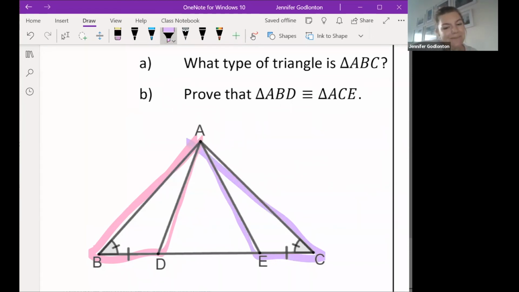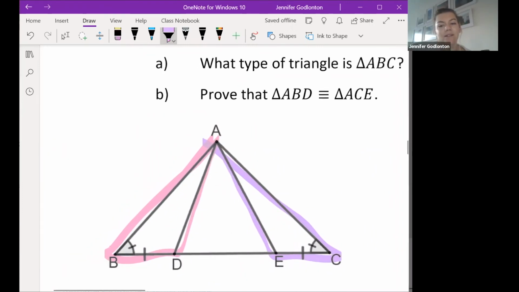Let's see if you can. I want you to think about the information you've just told me, and I want you to tell me what my congruency proof would be for these 2 triangles. Londiso, absolutely. Just be careful of how you're going to write that out.